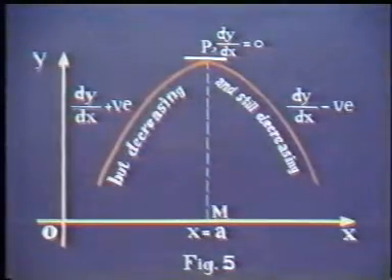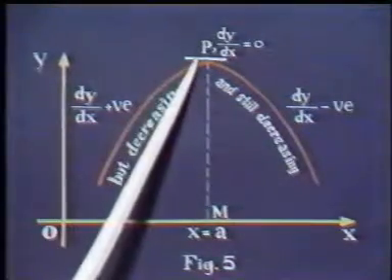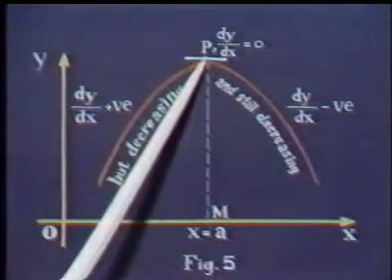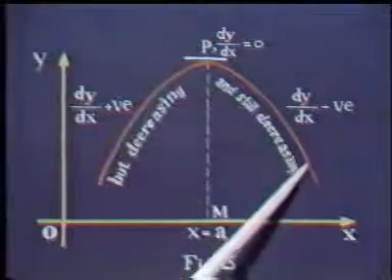We can see from the figure dy upon dx is positive but decreasing. At P, dy upon dx is 0, and then dy upon dx is negative and is still decreasing.